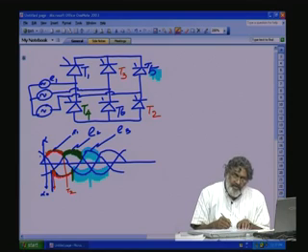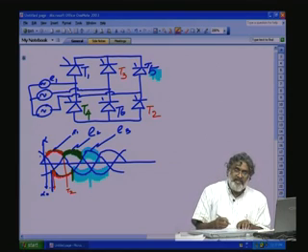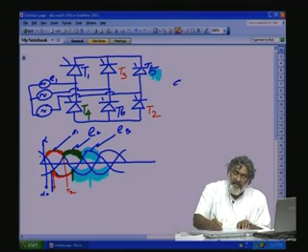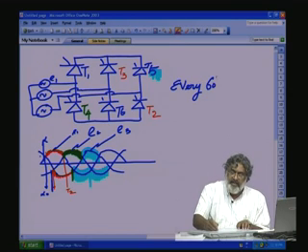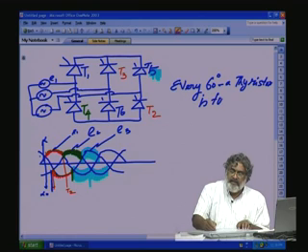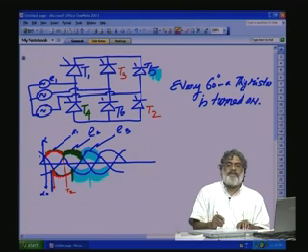But for symmetry of operation, if you see, every 60 degree duration a thyristor is turned on.